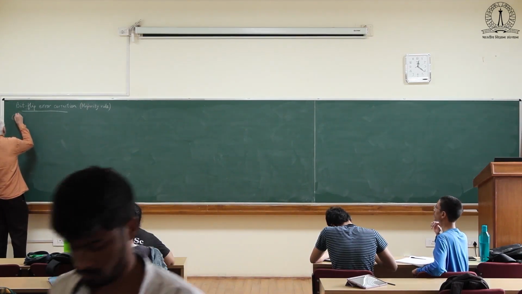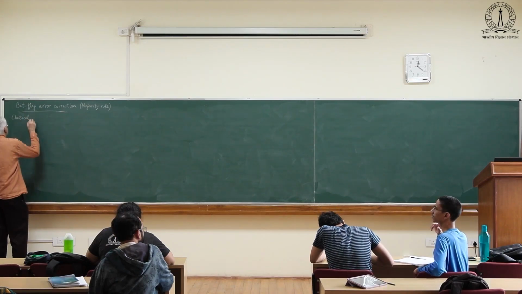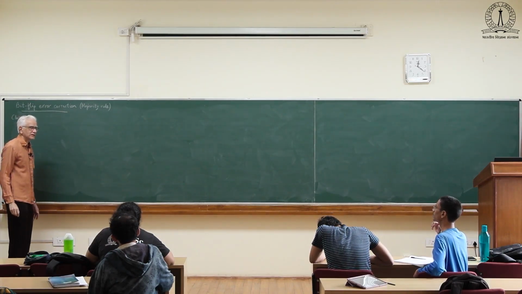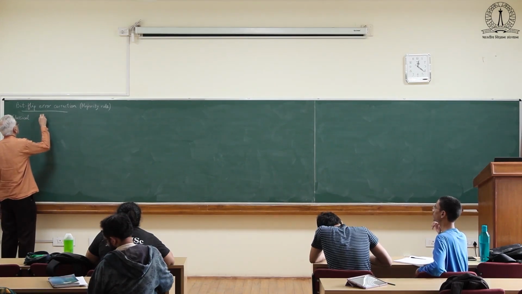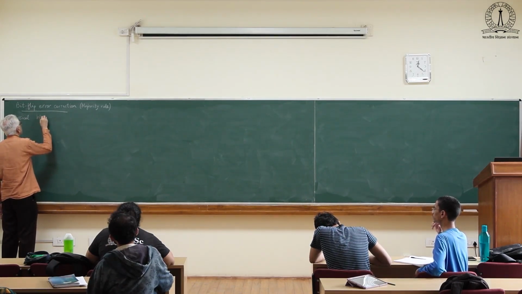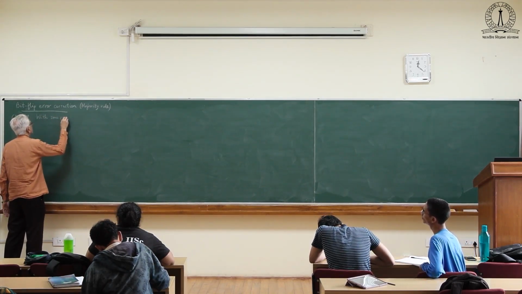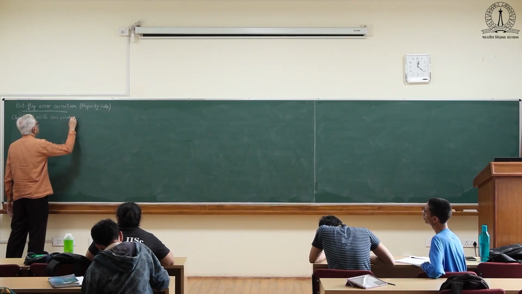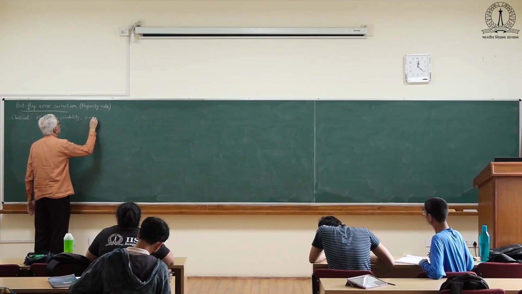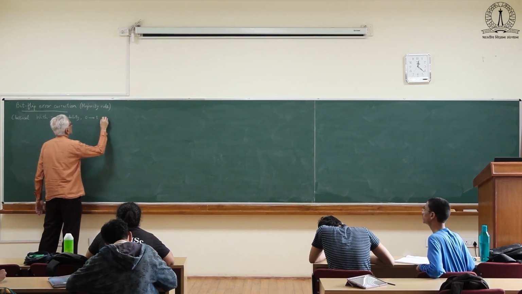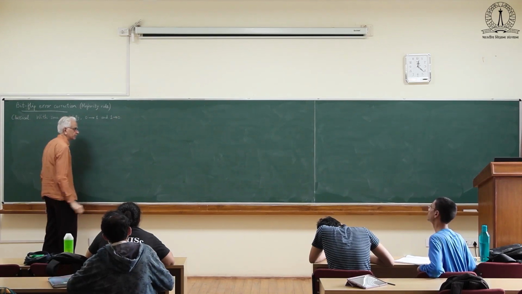So, first, just the classical version. What does bit flip mean? It means with some probability zero changes to 1 and 1 changes to 0.